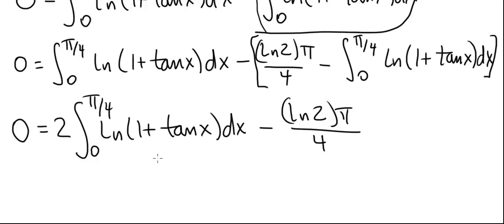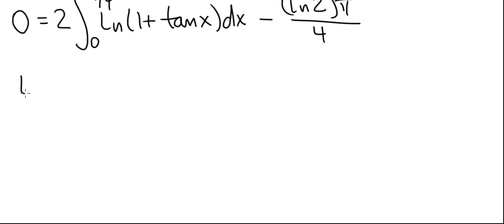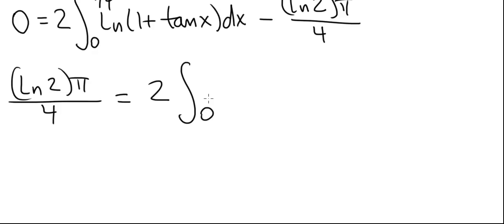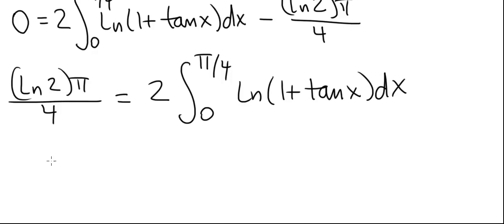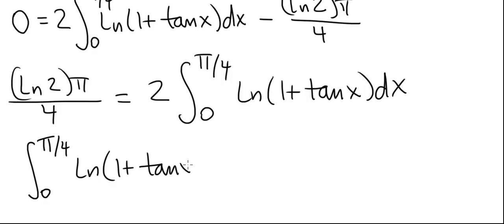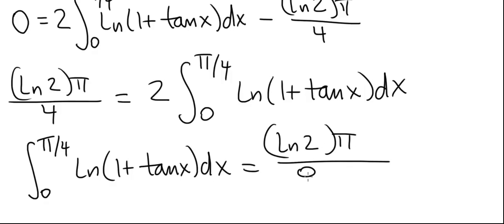So let's move the ln term from right over to left, and that gives us natural log of 2 times pi divided by 4 is equal to twice the integral from 0 to pi over 4 of ln of 1 plus tangent x dx. And we now arrived at the final answer. The integral from 0 to pi over 4 of natural log of 1 plus tangent of x dx is equal to natural log of 2 times pi divided by 8.